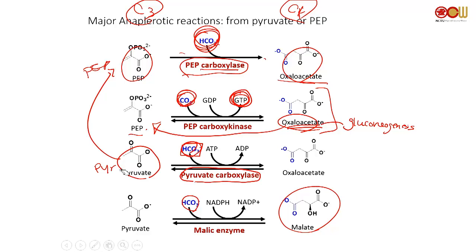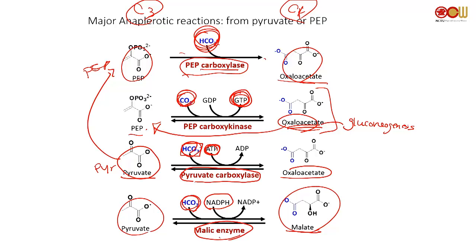Pyruvate does not have the same amount of energy as PEP, so it's going to use ATP as an energy source, and then you can use pyruvate to directly generate oxaloacetate. Or you can use pyruvate plus bicarbonate, and here it's using NADPH, and you can generate malate. This is called malic enzyme.